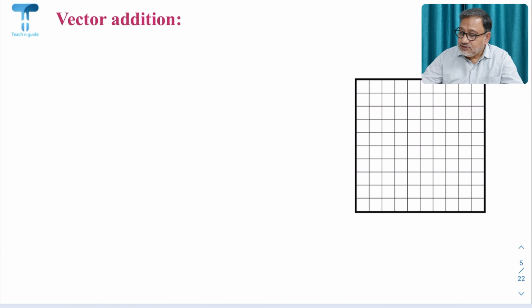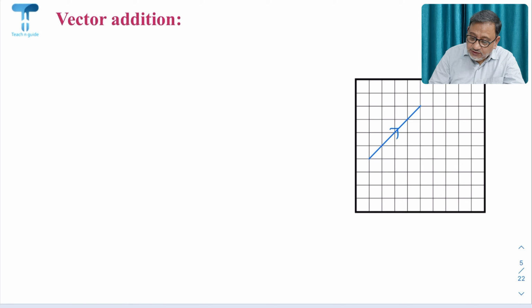Vector addition. How to add vectors? To add vectors you have to follow certain rules. For vector addition, you must take two vectors. Let me draw two vectors.